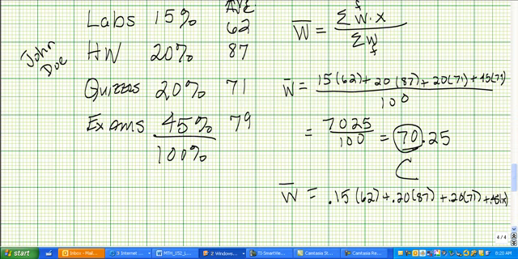That is the same thing because each one of these would need to be divided by 100. So basically what I'm doing is dividing the first one by 100, then the second one by 100, the third term by 100, and then the fourth term by 100. So this also comes out to a 70.25.